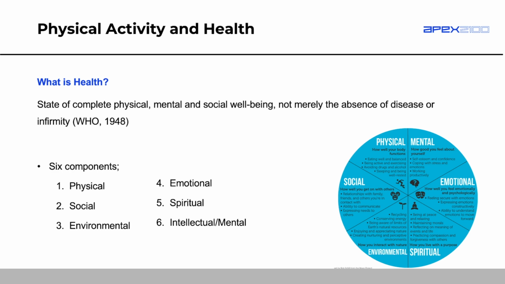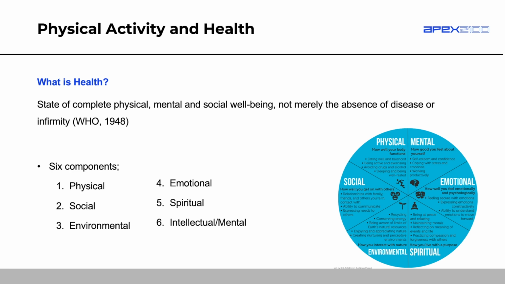And the World Health Organization actually indicates that there's 6 components of health. So there's our physical health, which is the way our body functions. There's social health, which is the quality of our relationships with our friends and families. There's environmental health, which is about having access to clean air, water, and food. Emotional health, about being able to express our emotions in a positive way.